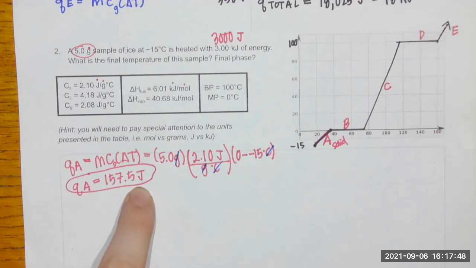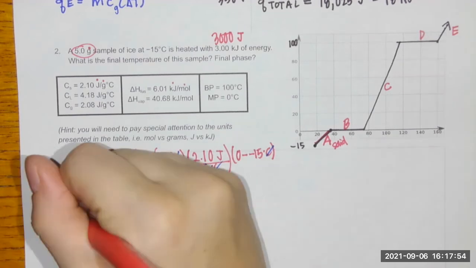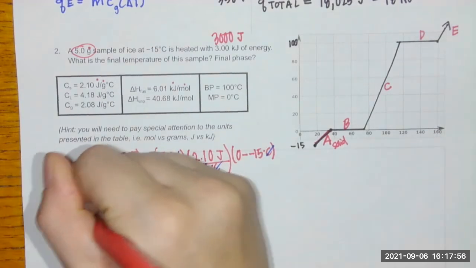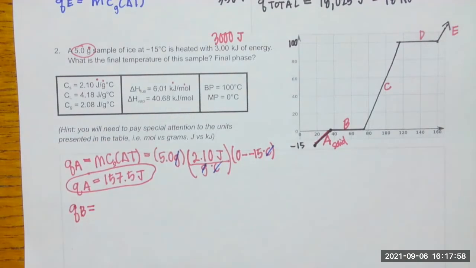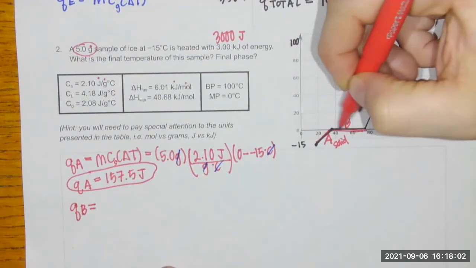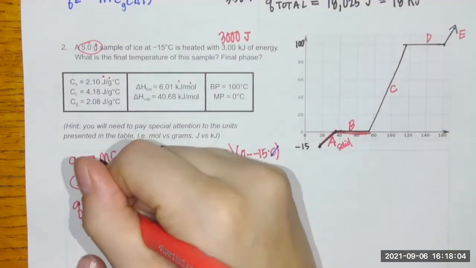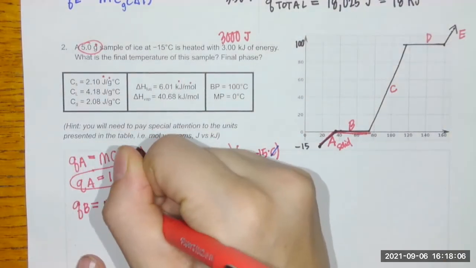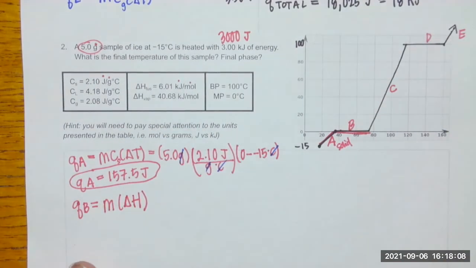Oh, we still got plenty. We can keep going. So let's see how much section B would cost us. Section B is a flat component. The formula is M times delta H.